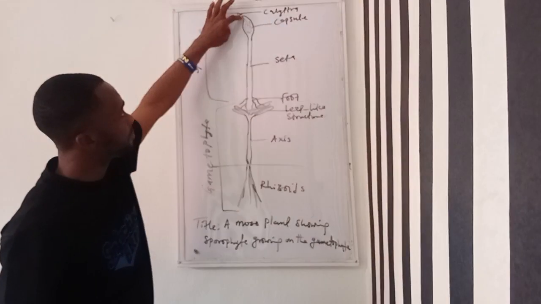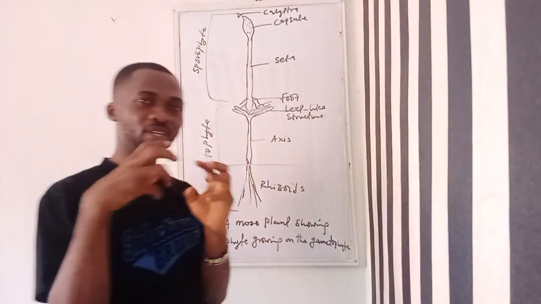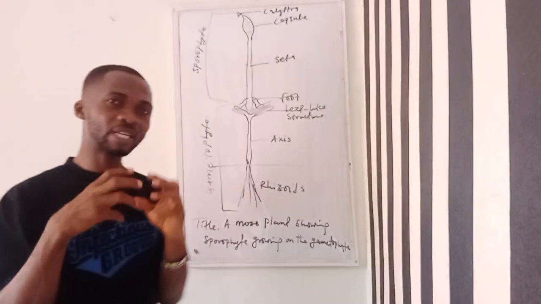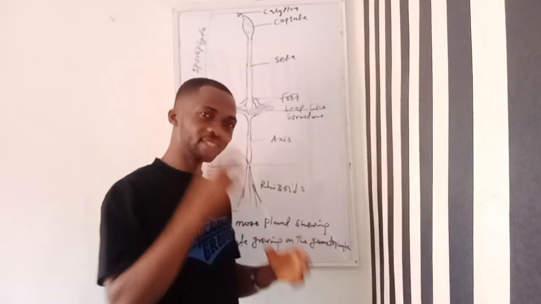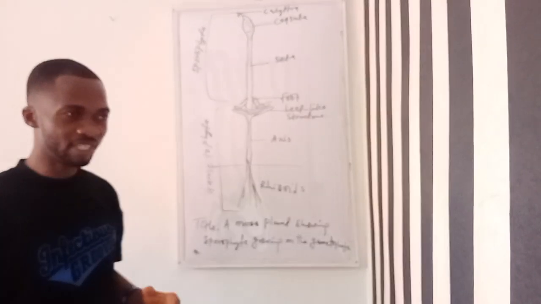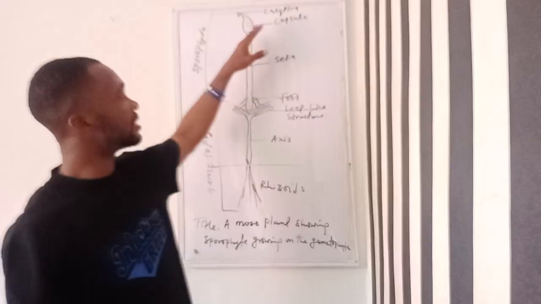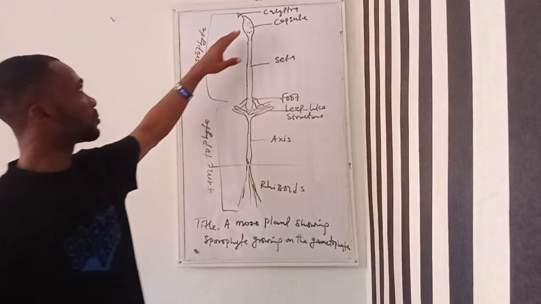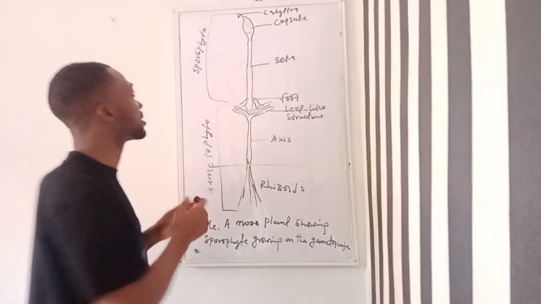And like I said, at the tip of this capsule, we have a covering called a calyptra. When this capsule dehisces, the first thing that breaks off is the calyptra, after which the spores will be released.